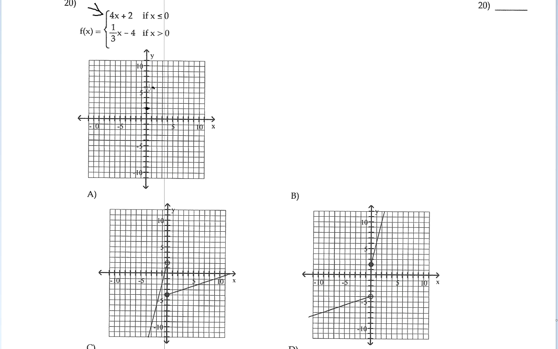And it's less than 0, so I can go here. If my slope is 4, I can still go down 4, 1, 2, 3, 4, and over 1 this way, if you want to. What's going on here?